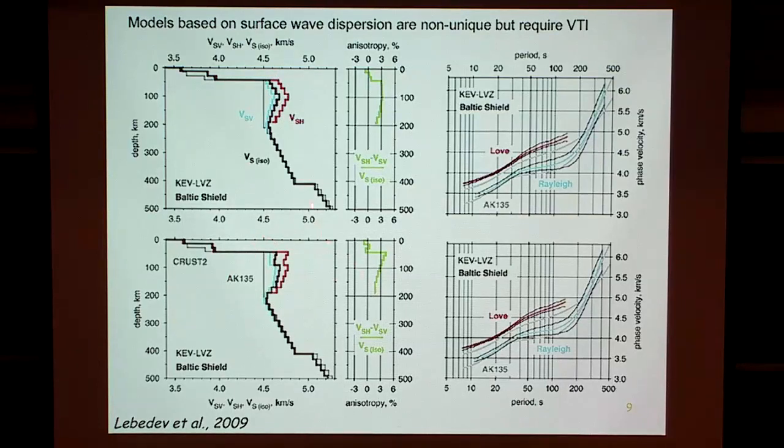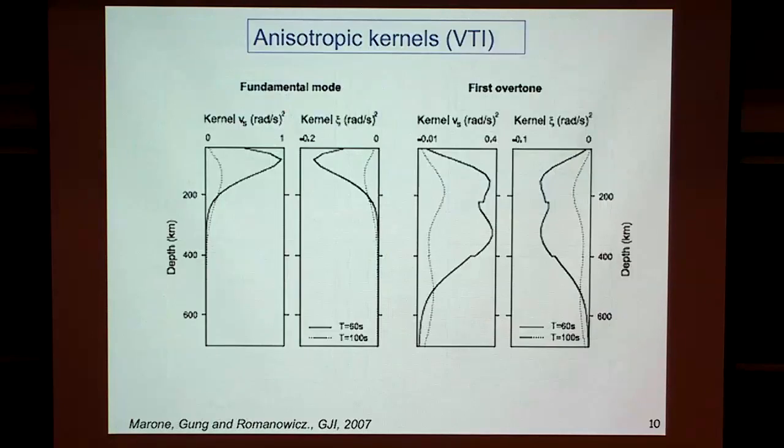This one allows a sort of low velocity zone here around 50 kilometers depth. This one doesn't.